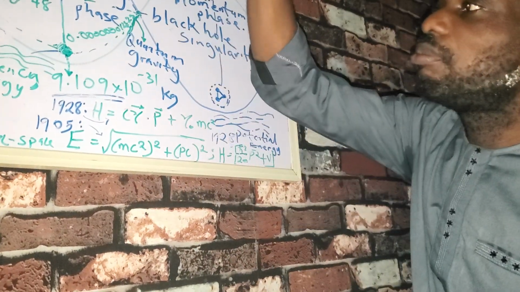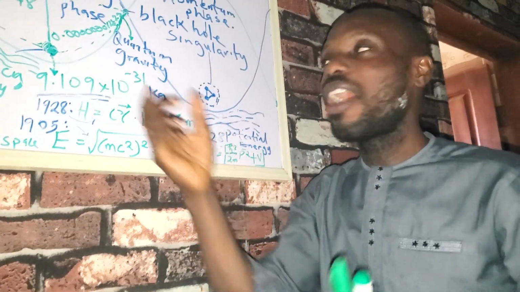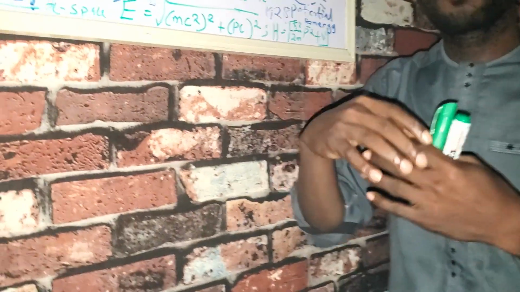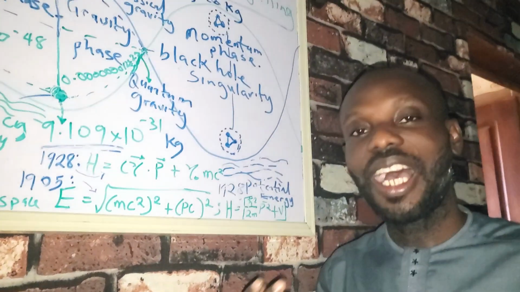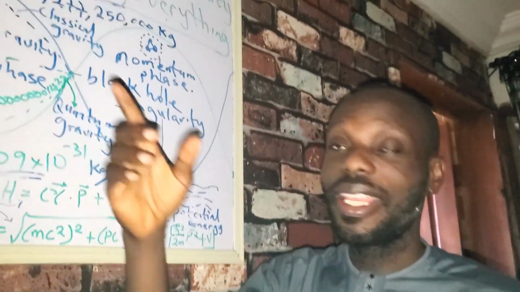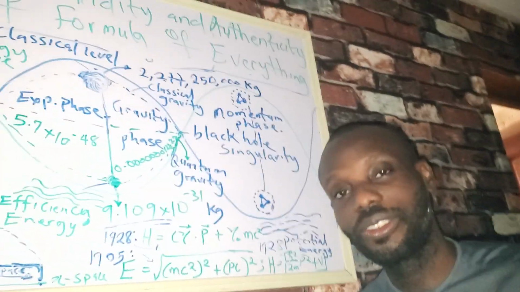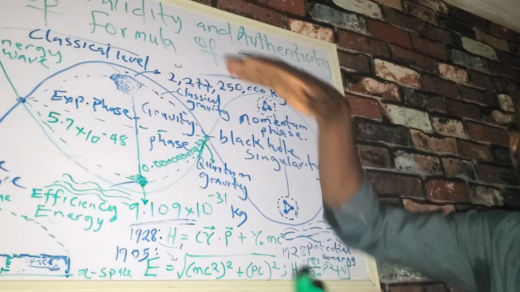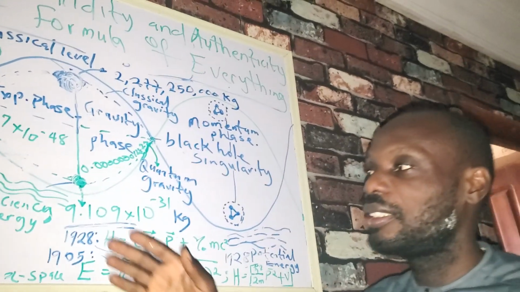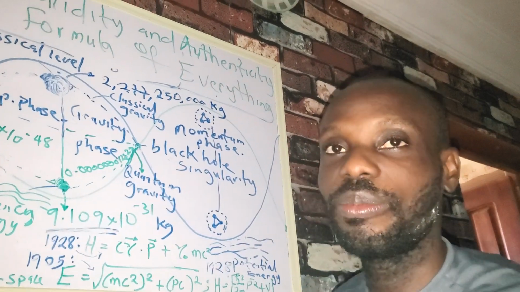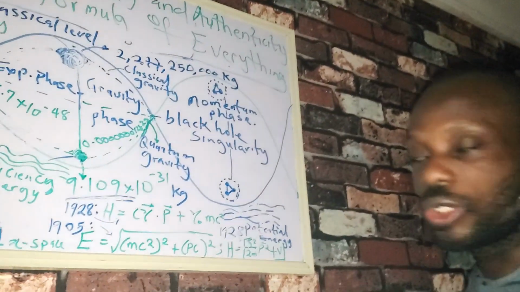So in my other videos, you'll be able to see how I said that the time energy wave model, the time energy tapestry, is the actual fabric of the universe, because it illustrates the expansion of space better than the Einstein space-time formation.